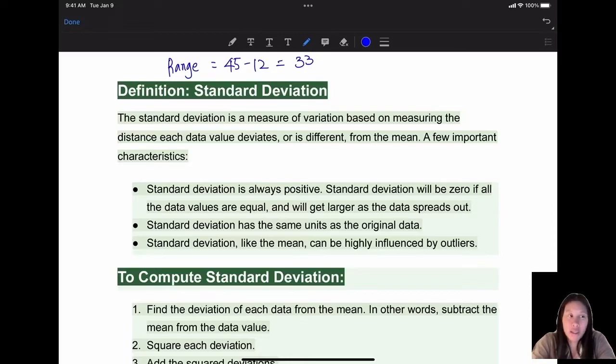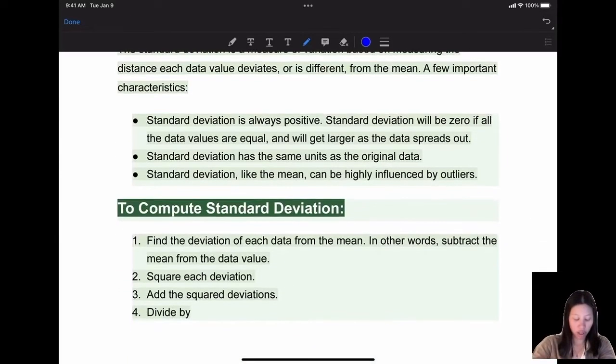If they're all equal, that means they're all equal to the mean. Variation is trying to measure how far away each data value is from the mean. So since they're equal, the distance would be 0. That's why the standard deviation would be 0. And it will get larger as the data is more spread out. Also, standard deviation has the same unit as the original data. Standard deviation, like mean, can be highly influenced by outliers.